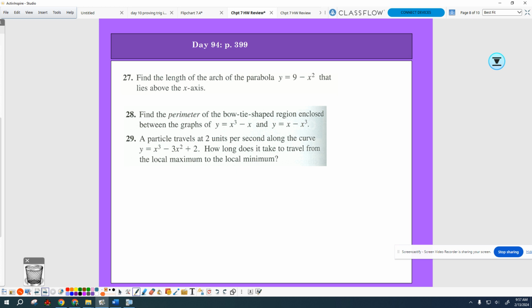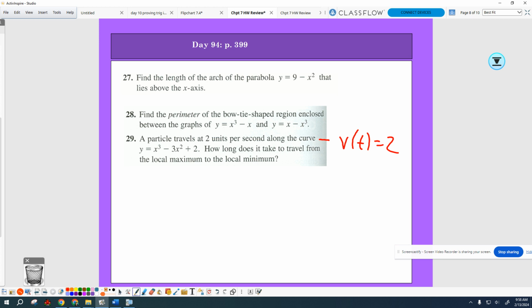A particle travels at 2 units per second along this curve. How long does it take to travel from the local minimum to local max to local min? Great question. Is it like the distance of the line? Well, this is saying velocity is a constant of 2.